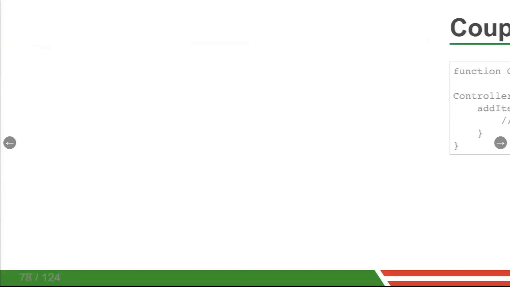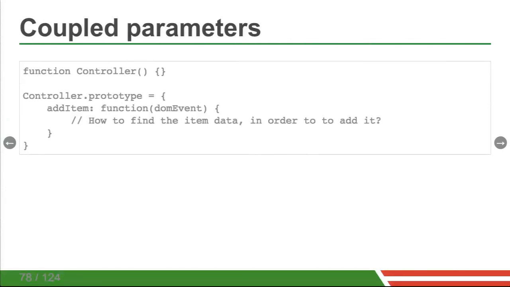All right, we're almost there. Got one thing we want to remove from the controller still. We're dependent on a DOM event. That may not seem like a big thing, but if you think about the controller's job here, it doesn't really care about the contents of the DOM event. What does it care about? It cares about the item that needs to be added to the cart.